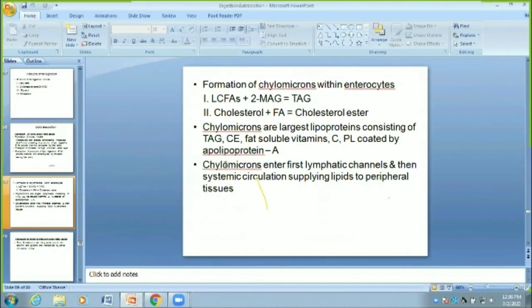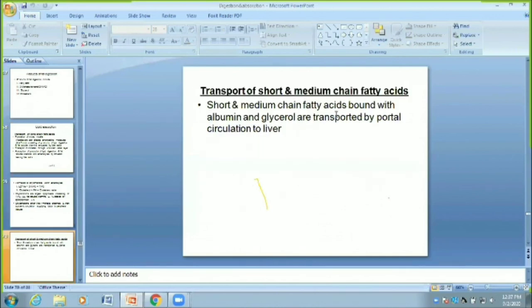The chylomicrons then start their journey in lymphatic channels, then through the systemic circulation to peripheral tissues. After supplying the lipids to peripheral tissues, they ultimately pass to the liver as chylomicron remnant. We mentioned this already.